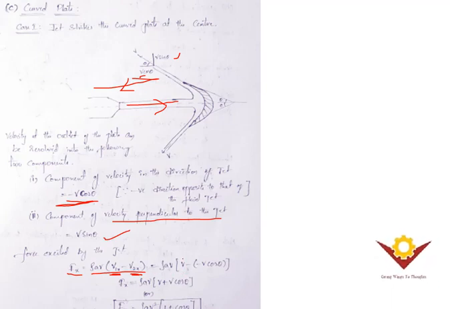Before striking the plate, we have the velocity v, and after striking the plate, we have the velocity minus v cos theta. If you simplify this, what you're going to get is Fx equals rho a v square, 1 plus cos theta. Clear?